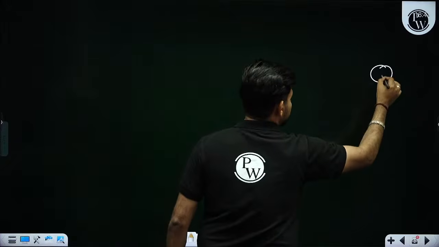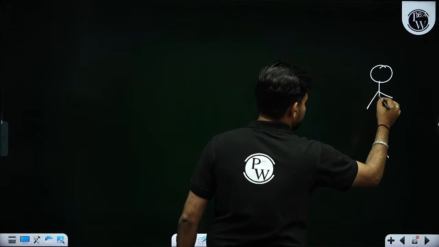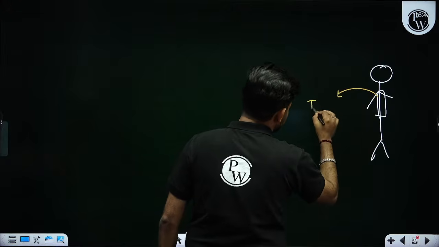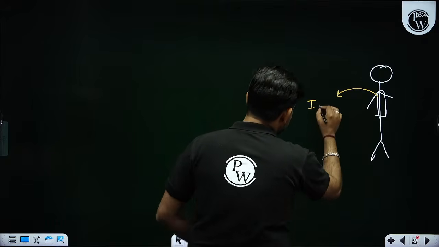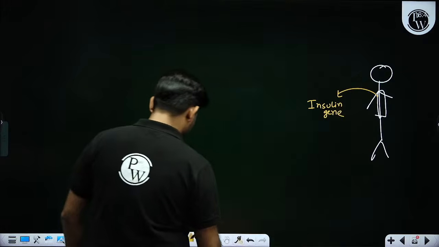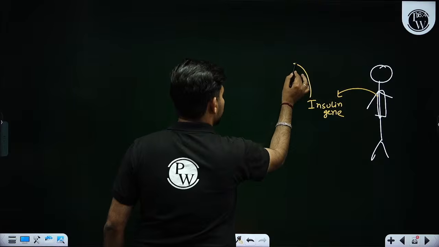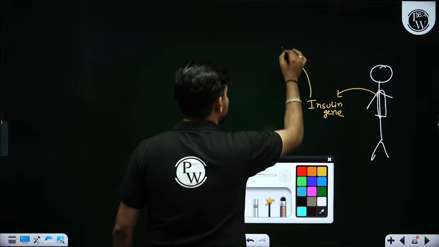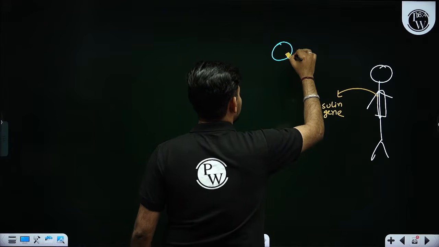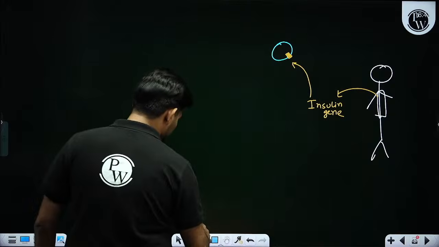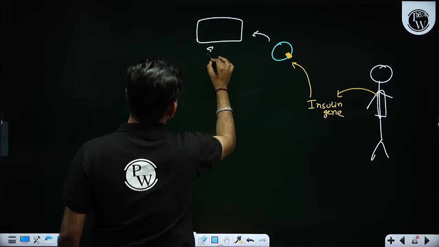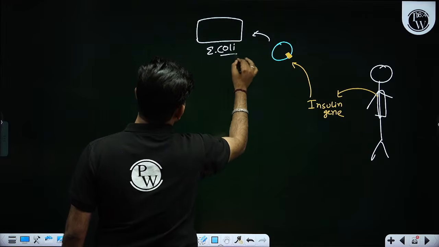If you are collecting the human insulin gene and putting it into a vector, forming rDNA, and then you insert the vector inside E. coli bacteria, then what will happen?